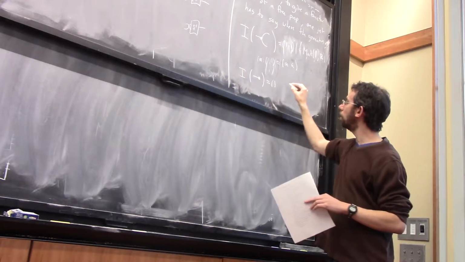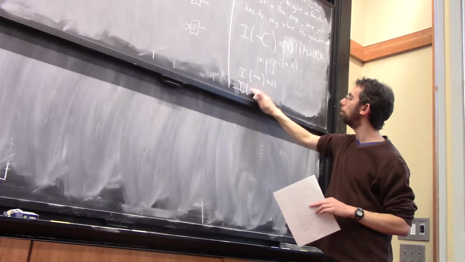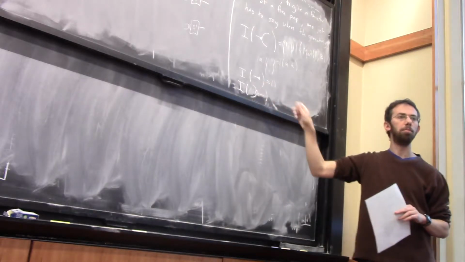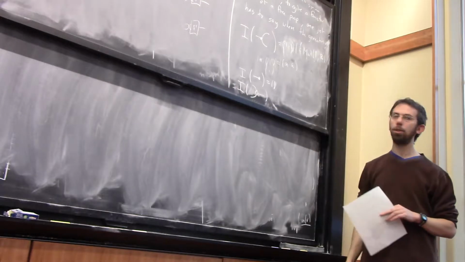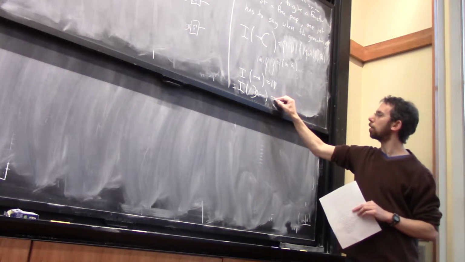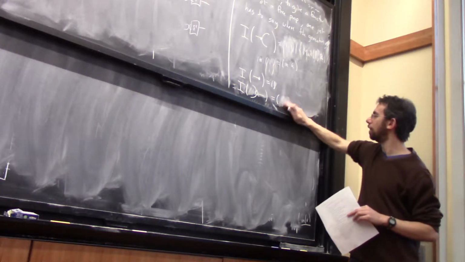And what's I of this thing, which is supposed to take two signals and add them? It's going to be a 2 by 1 matrix, 1, 1, vertically.